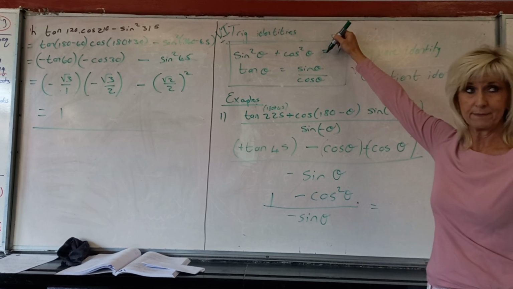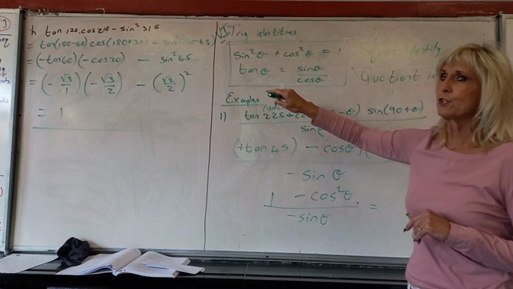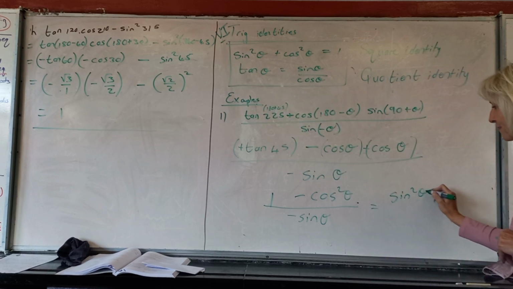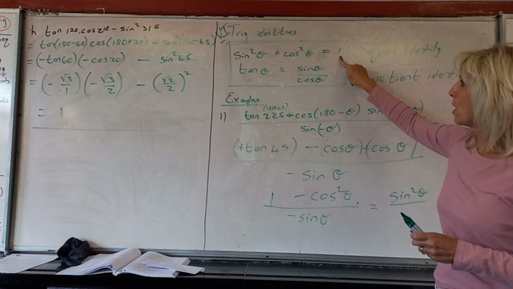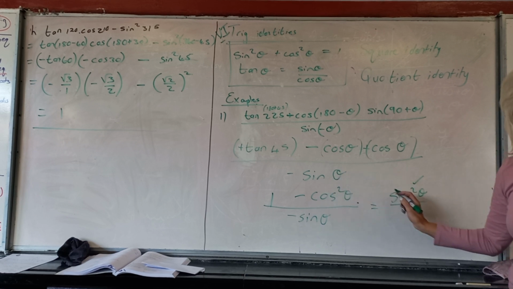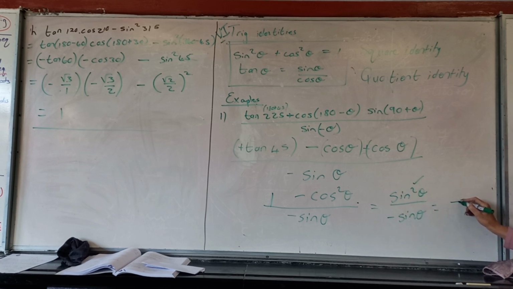Look at this. 1 minus cos squared will be equal to sin squared. So an equation can be shuffled, right? So 1 minus cos squared is sin squared, which you're going to get a mark for knowing that ratio. And this still stayed minus sin, so what's my answer? Plus divided by minus is a minus? Just sin. Because sin squared divided by sin is just sin.